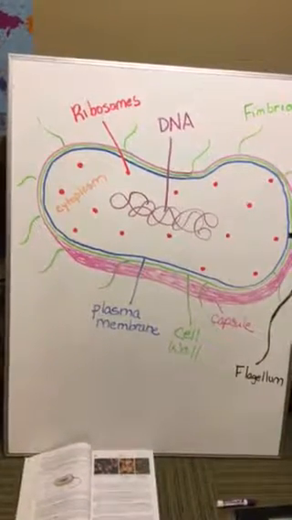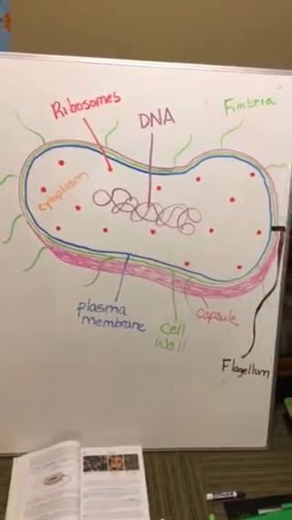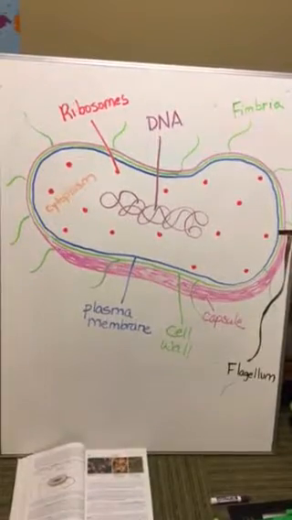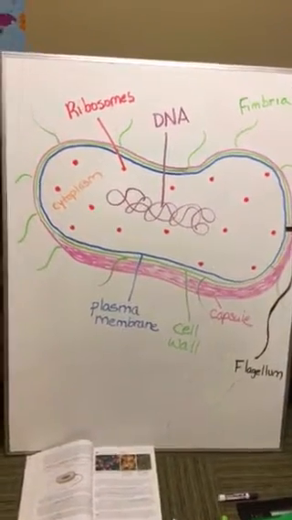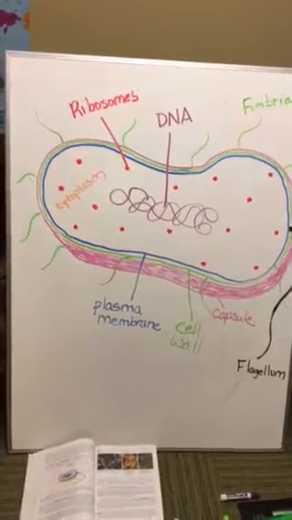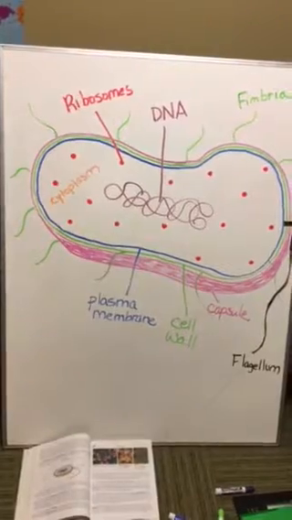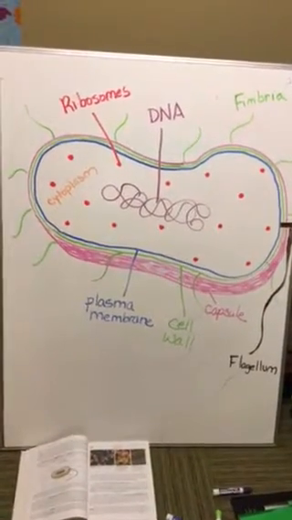So if they don't have a cell wall, we put them in a certain group. And if they have a cell wall, we put those in a certain group, and then those have subgroups that we'll talk about later. So like I said earlier, the cell wall is what gives the bacterium cell its shape. It basically holds the contents of the cell together, and it regulates the water that's absorbed into the bacterium.